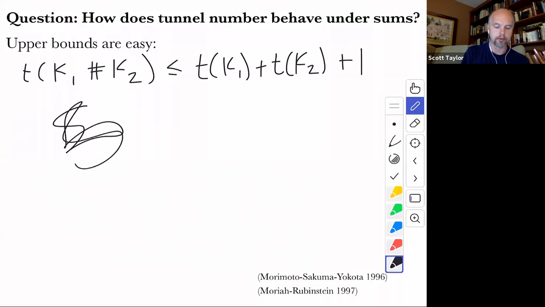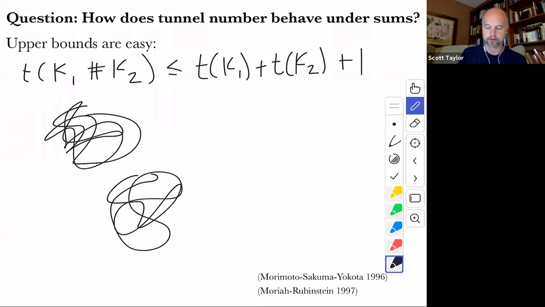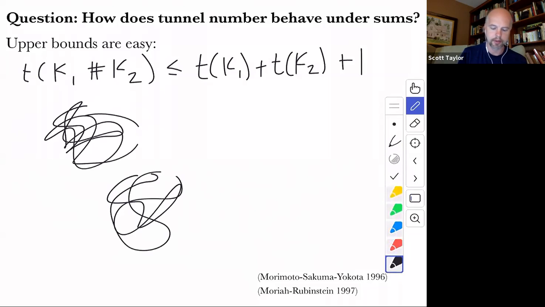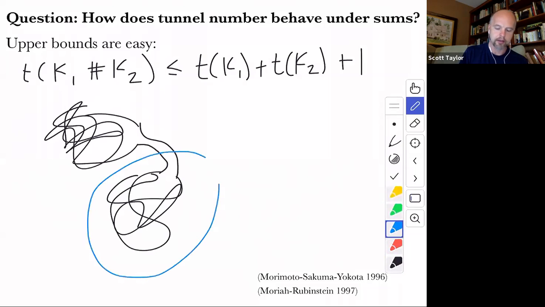So we have one of our knots here, and we have another knot here, whatever they look like. To do the connected sum, I delete little portions of them. I band them together. And I notice that there is a sphere in 3-space separating the two factors of the sum. Okay, if I have a tunnel system for each of those knots, let's say that's the tunnel system for that knot, here's a tunnel system for that knot.